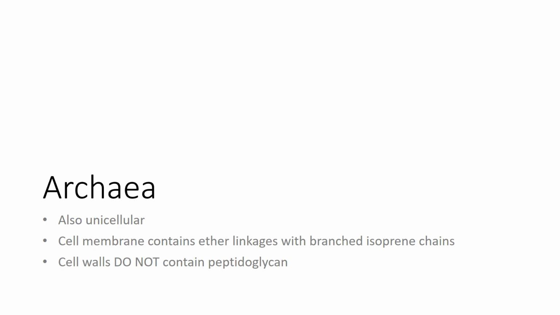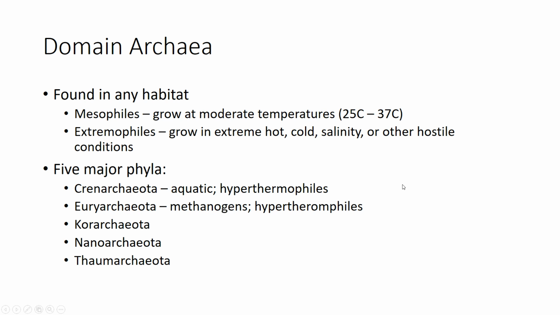And then the last group that you need to just become slightly familiar with in this chapter are the Archaea. Archaea are prokaryotic organisms that are unicellular, just like your other prokaryotes. The difference is their cell walls do not contain peptidoglycan. The archaea are going to be found in lots of environments.